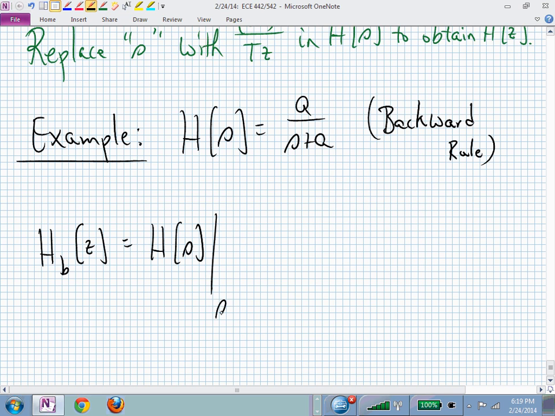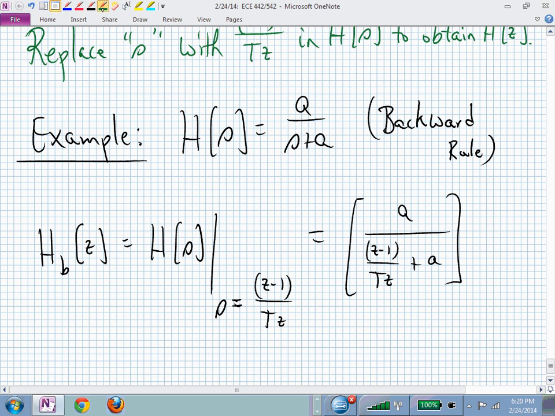And everywhere we have an s, we replace it with z minus 1 over Tz. We need to filter that out using this low-pass filter, right? We just have to pick the right a value. So now we have a over z minus 1 over Tz plus a.